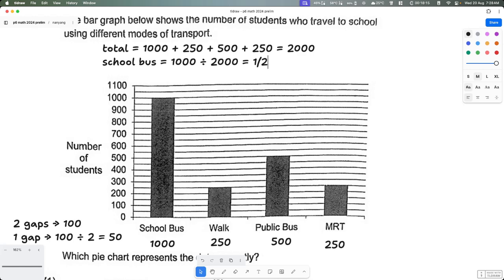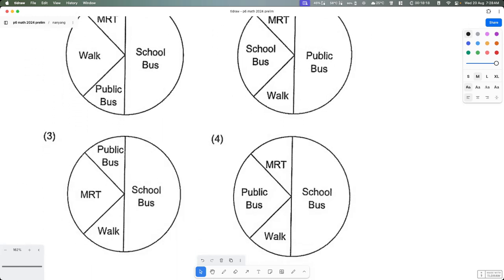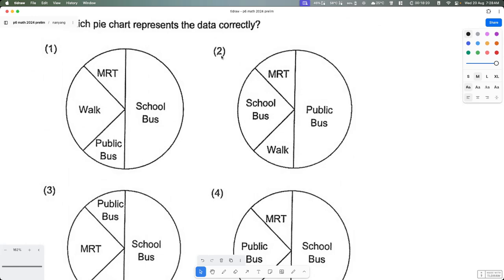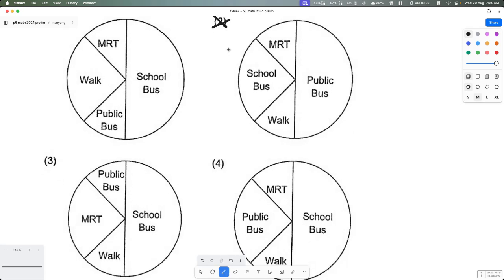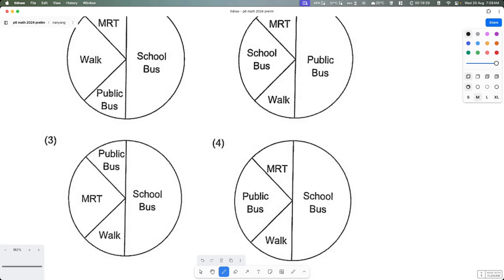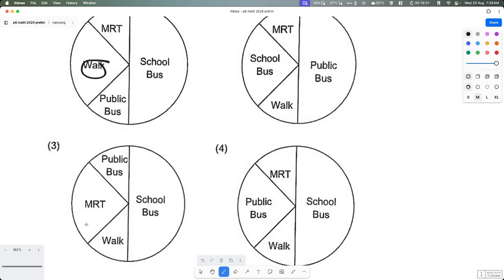Half. So that means the school bus is not this one. X is not it. Option 2 is not it. Then we are left with either walk, MRT, or public bus.